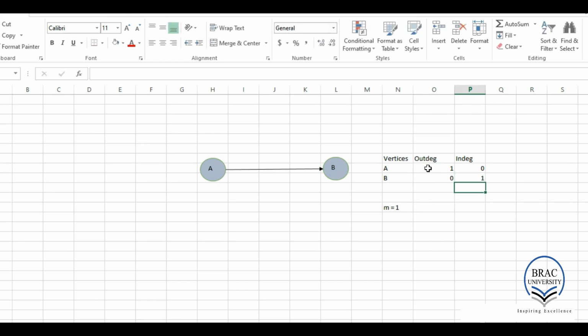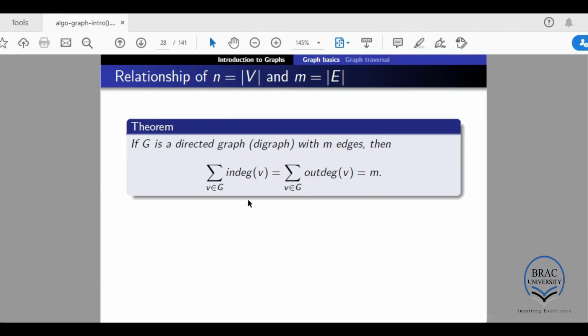So you can see that the summation of out degree of all the vertices in the graph is equal to 1 plus 0, which is 1, and the summation of all the in degrees of the vertices in the graph is equal to 1. So summation of out degree is 1 and summation of in degree is 1, and m is also equal to 1. So all of them are 1. So this theorem is satisfied.